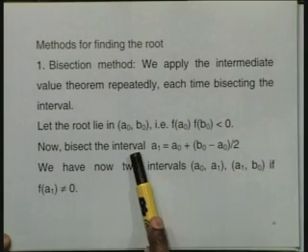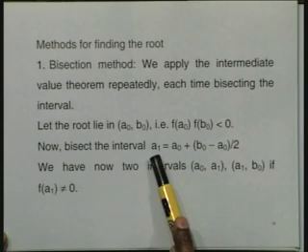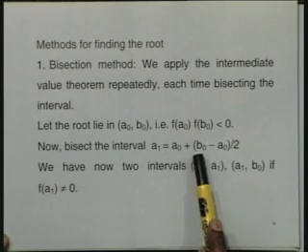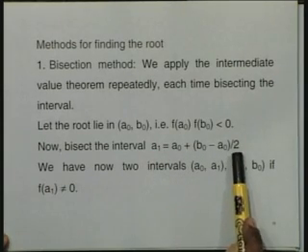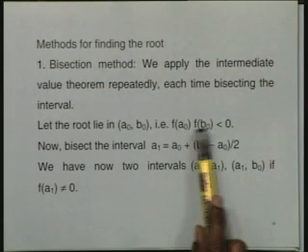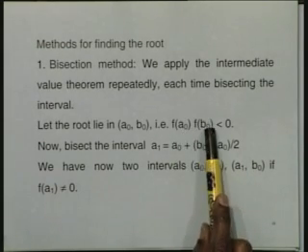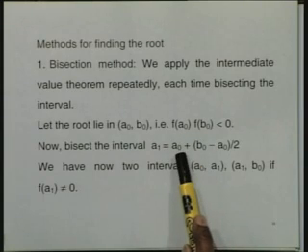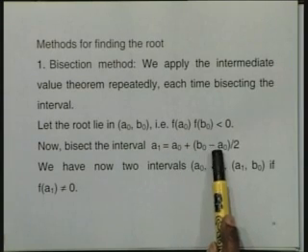Now I bisect the interval and write a1 is equal to a0 plus (b0 minus a0) by 2. Here I may make a comment: I had written the middle point of a0 b0 not as (a0 plus b0) by 2, but as a0 plus (b0 minus a0) by 2.